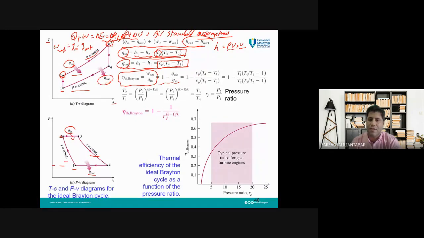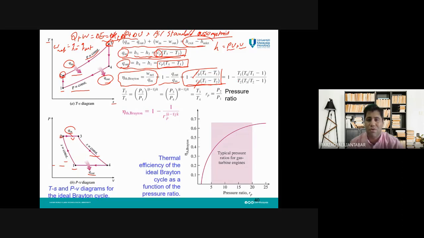Now let's put Q in and Q out in the equation: 1 minus Q out over Q in, cross out this, and this is the equation. Simply, if we have T4, T1, T3, and T2, we can use this equation to calculate the thermal efficiency of the Brayton cycle based on temperature.